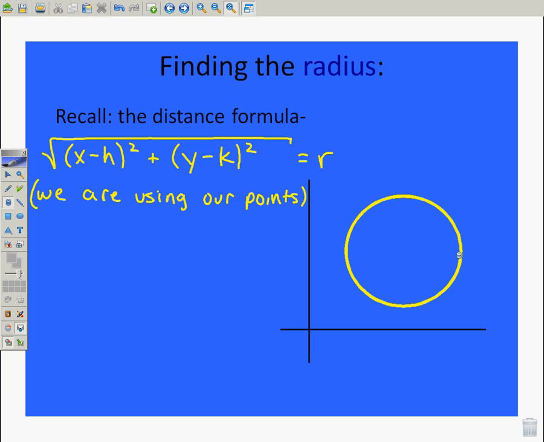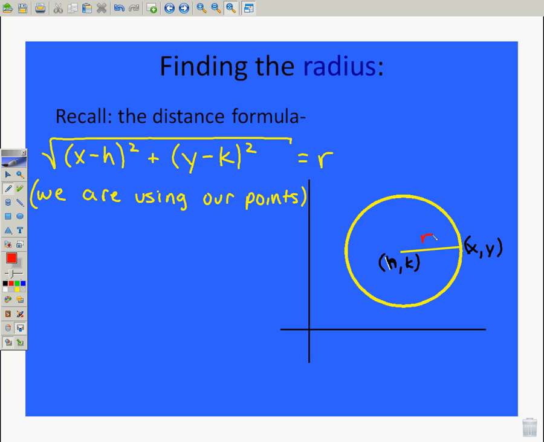We have our radius, and remember this center we are denoting H comma K. This outside point is X comma Y. Alright? And so this distance formula gives us our radius. It tells us how long our radius is.